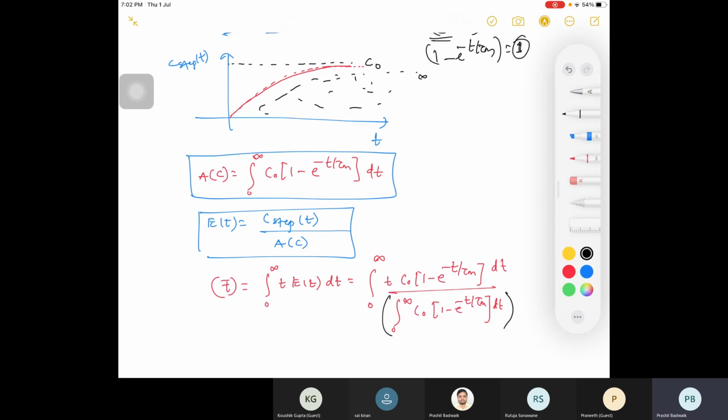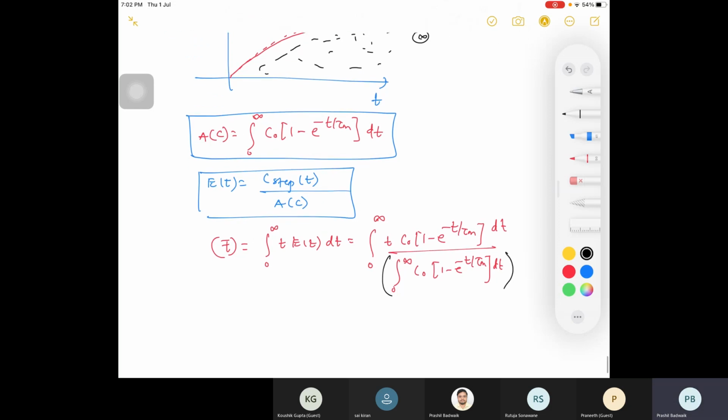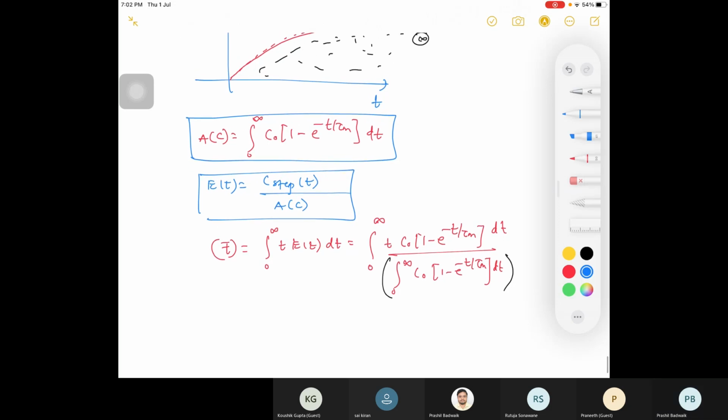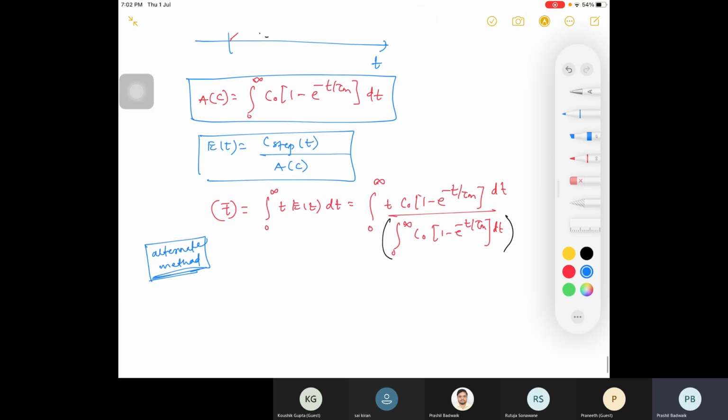It is at infinite time that you reach the maximum value. So we will use another way by which we can calculate our t mean. Write down the alternate method. This is important, a question has been asked in the GATE exam. Star it.